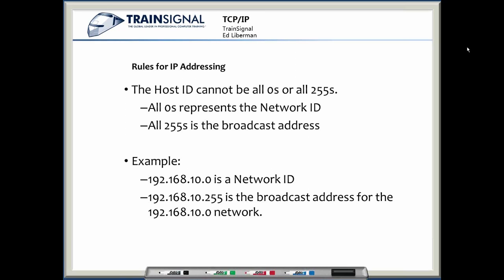And so if you were on that 192.168.10 network and you wanted to broadcast something out to everyone else on that network, then you would send it to the address 192.168.10.255.